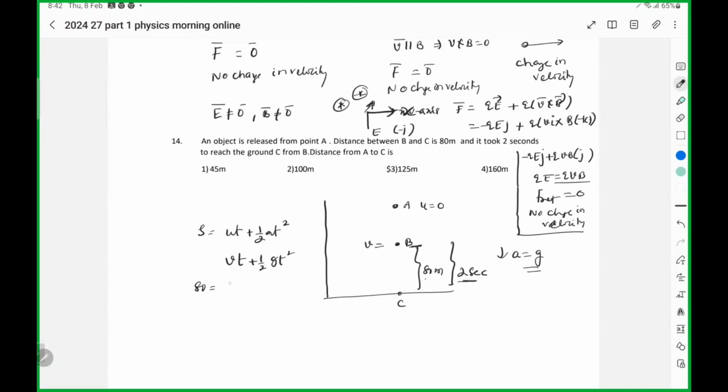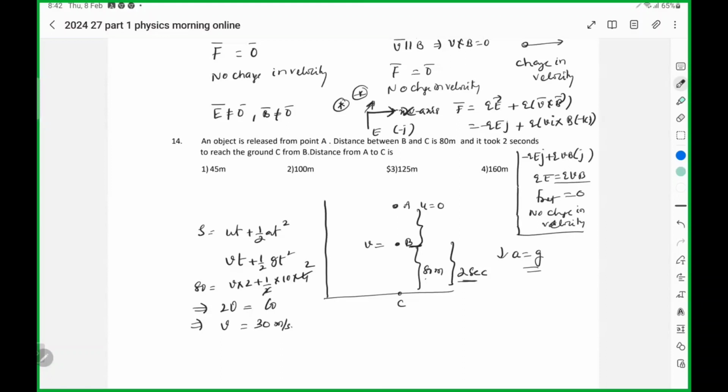S is given, time is also given, g is a known value. So 2v is equal to 80 minus 20, that is 60. So the velocity here is 30 meters per second.